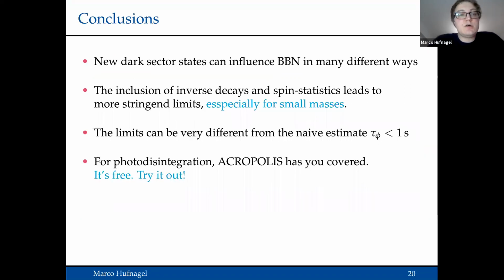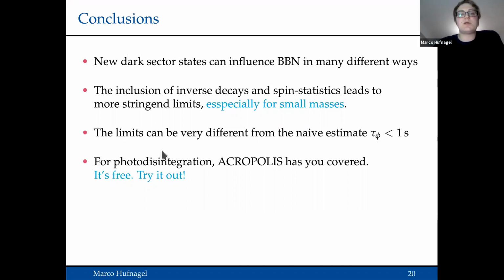Okay, this essentially brings me to my conclusions. What I've tried to show you in this talk is that the inclusion of additional dark sectors to the standard model can influence Big Bang nucleosynthesis in many different ways, and therefore is a very powerful tool to constrain different BSM physics scenarios.